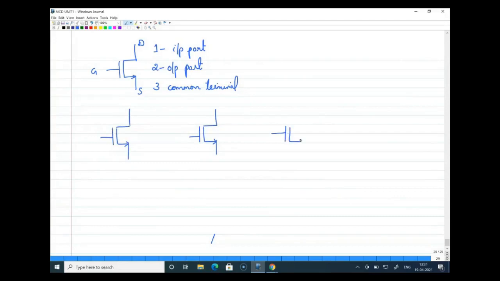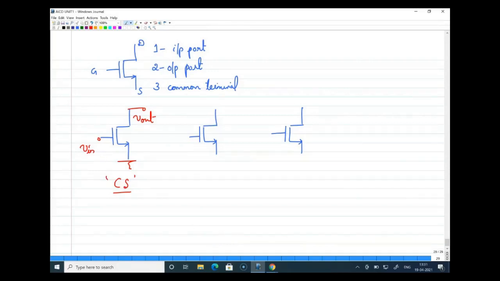So in that fashion, we have three ways we can configure MOSFET amplifiers. One is by keeping source as ground, by providing input to gate and output from drain. Since the source is common, we call this a common source amplifier, right?